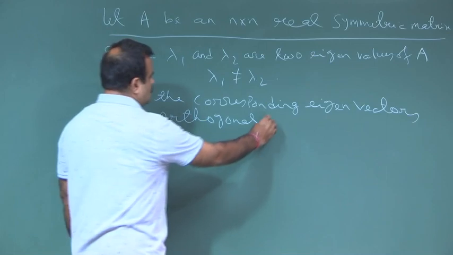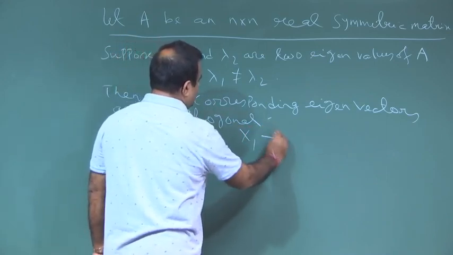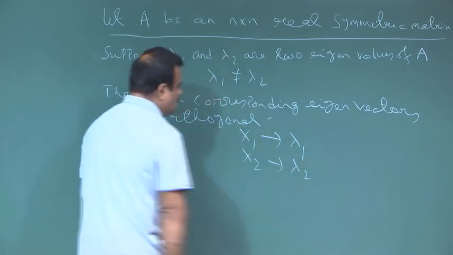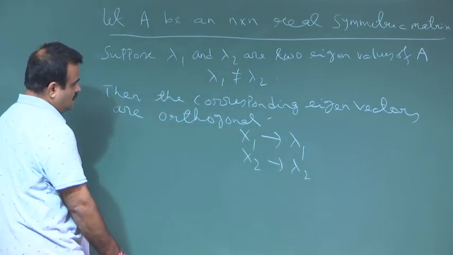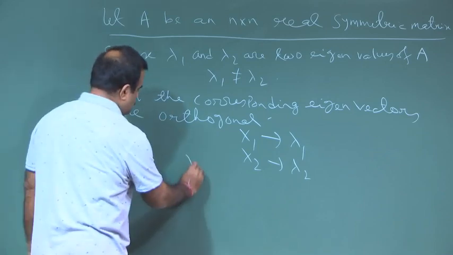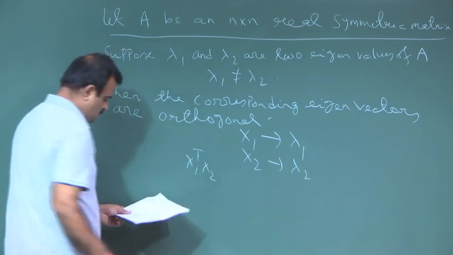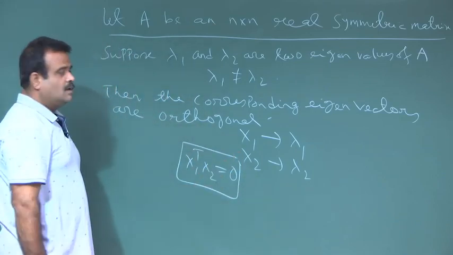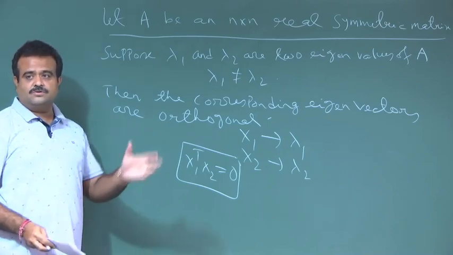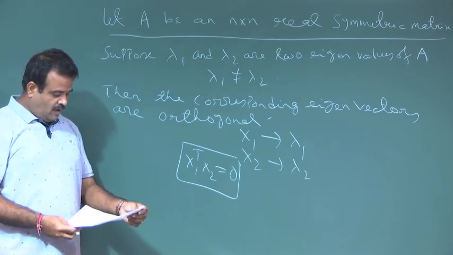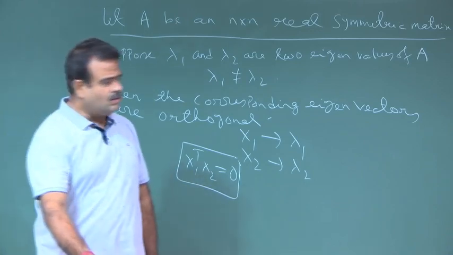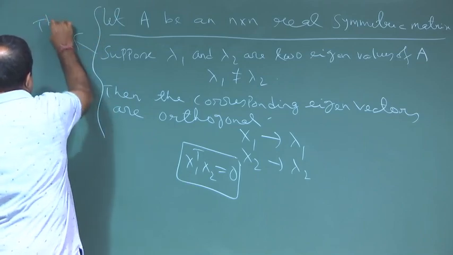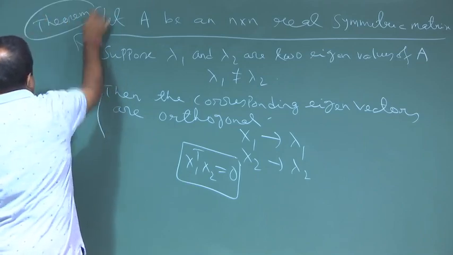That means, suppose x 1 is the eigenvector corresponding to lambda 1 and x 2 is the eigenvector corresponding to lambda 2, then this theorem is telling that x 1 transpose x 2 is equal to 0. So, this is the property that two vectors will be orthogonal. Okay, we have to prove this. This is the theorem or result. We are going to prove this theorem.